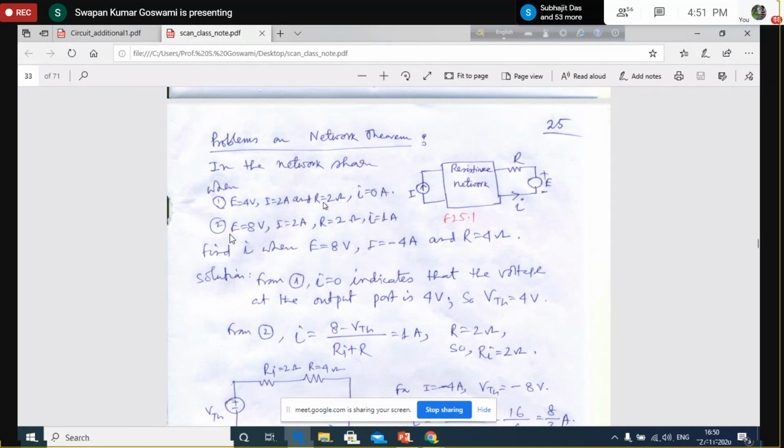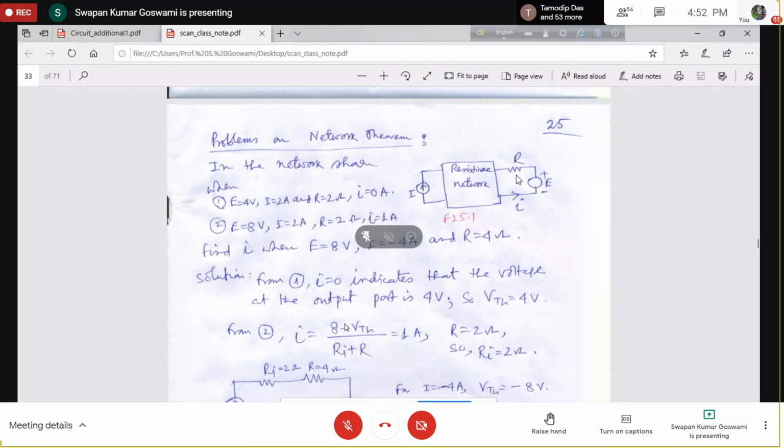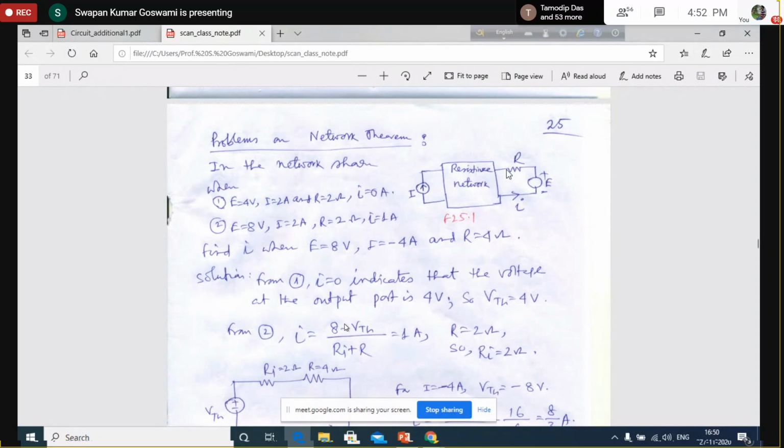Now some measurement conditions are given. Number one, when E, that is this voltage source, is made equal to 4 volt and I, current source value, is 2 ampere, and this resistance at the output, external to this resistive network and in series with the voltage source, is equal to 2 ohm, then the current flowing to the source here becomes equal to 0.